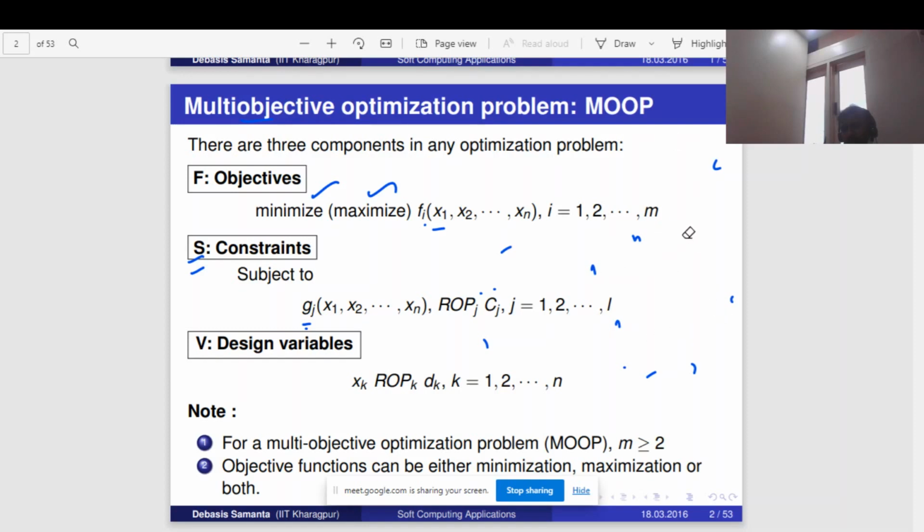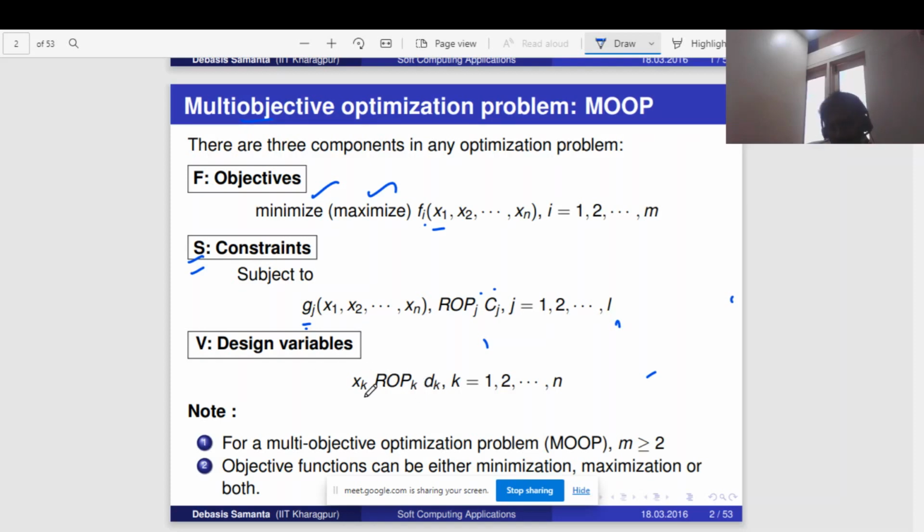Just like there are different objective functions, there will be many constraints, represented using the function g, and there will be some number of design variables. This is how the multi-objective optimization problem is defined.